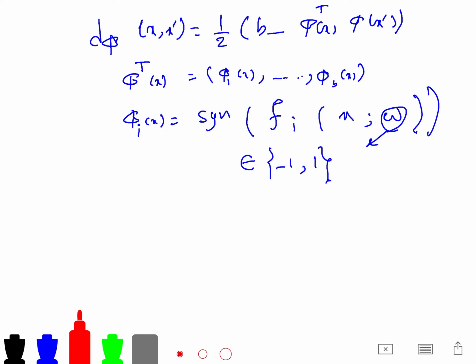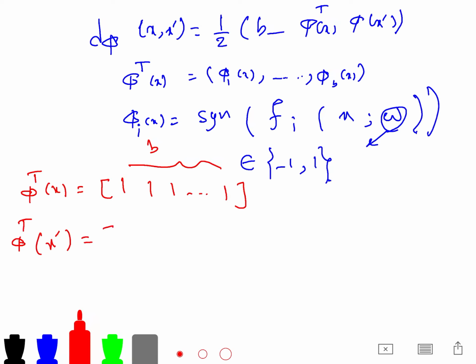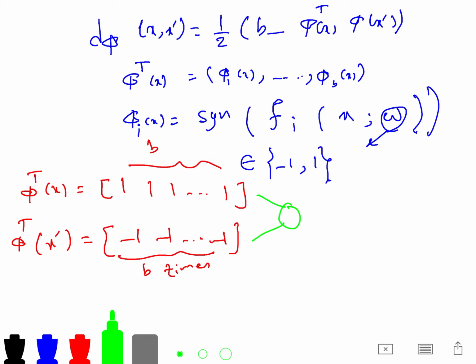So I give you an example. Let's see what happens in the worst case. The worst case could be phi transpose of x, maybe all of them are 1. So we have b bits, all of them are 1. And another example is phi of x prime, and here all of them are just -1, again b times, because we have b bits. And if you do the dot product of them, you will notice it becomes -b.